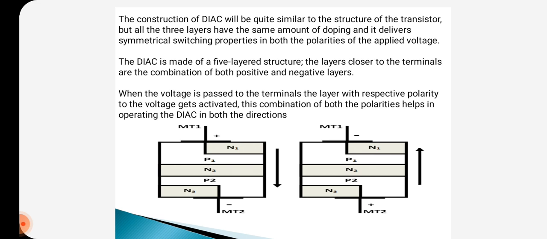The layers closer to the terminals are a combination of both positive and negative layers. When the voltage is applied to the terminal, the layer with the respective polarity to the voltage gets activated. This combination of both polarities helps in operating the DIAC in both directions.